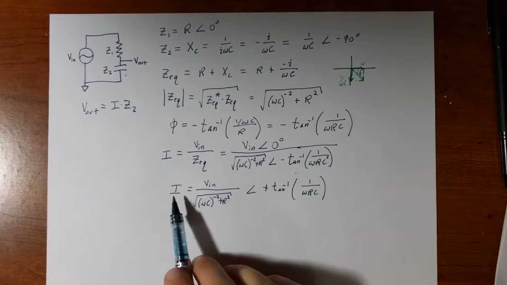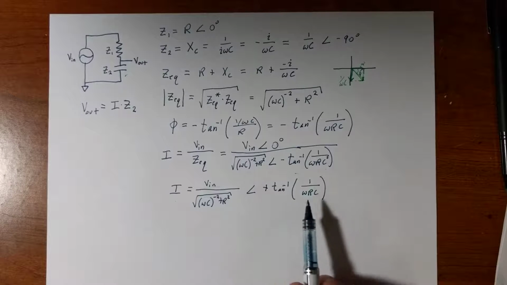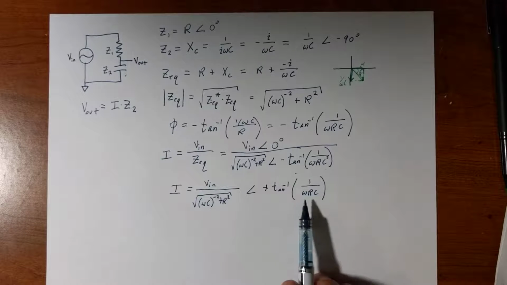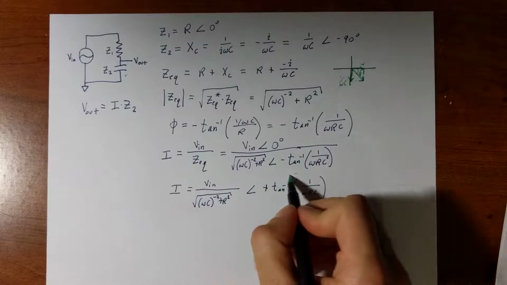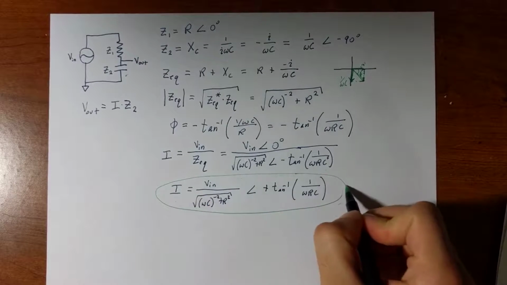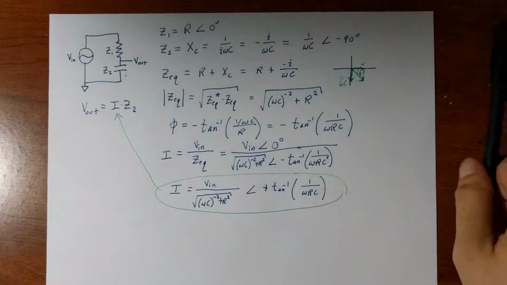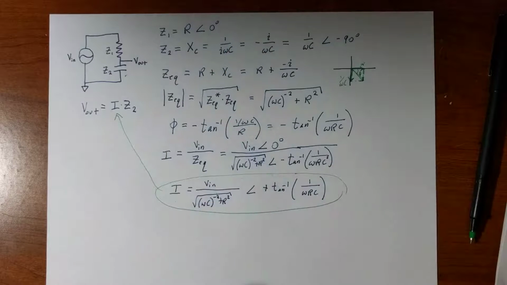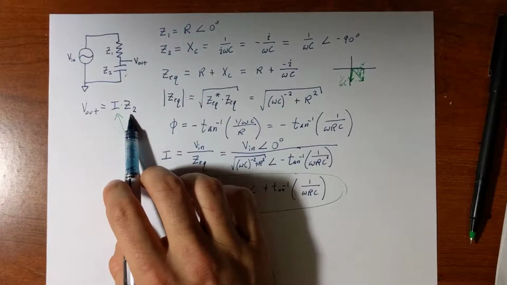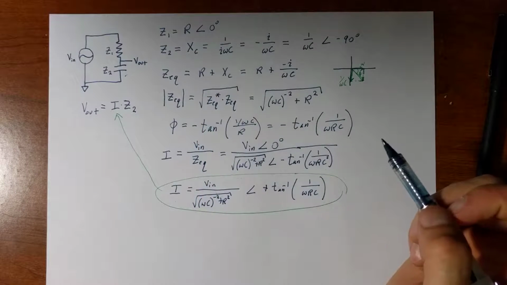So this is the magnitude of my current, and the angle of my current. Now, I just take this whole thing here, and I plug it back into my Ohm's law to find the voltage across my capacitor. We're calling that Z2, which is 1 over i omega c.